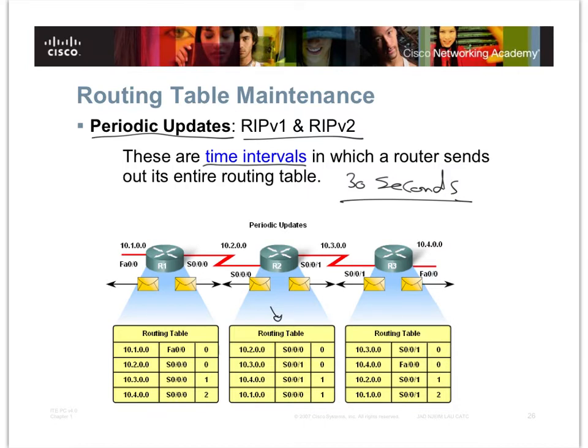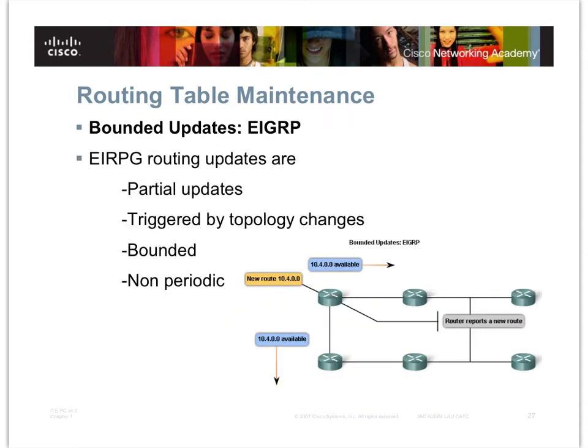Does that mean that all distance vector routing protocols use periodic updates? No. In fact, very interestingly, even though EIGRP, or Enhanced Interior Gateway Routing Protocol, is a distance vector routing protocol, unlike all the other distance vector routing protocols, EIGRP uses bounded updates.